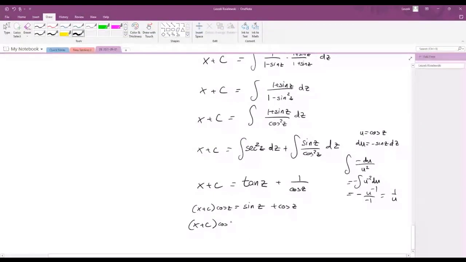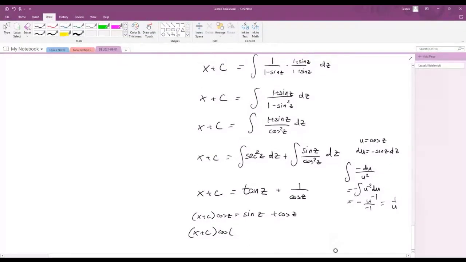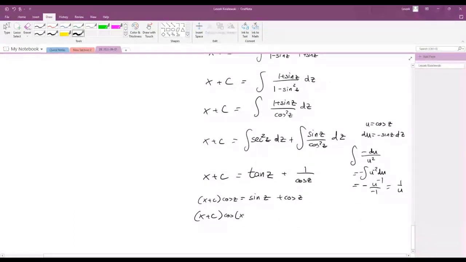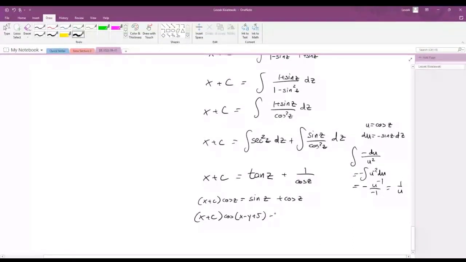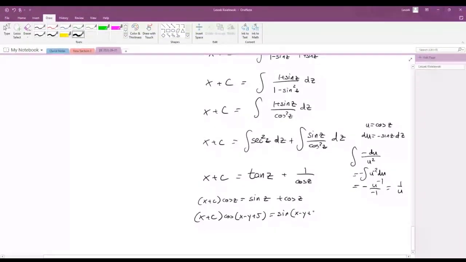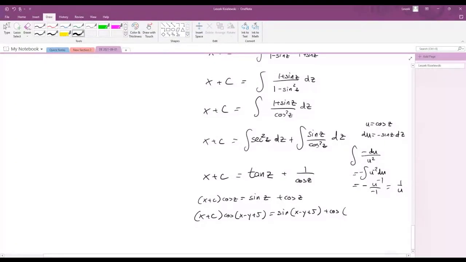What is z really? x minus 5 plus 5. So good luck trying to solve for y explicitly. Sometimes you just don't bother, you can't, right? So in the instructions, they might even say just find an implicit solution. So be on the lookout for that so you don't waste time.